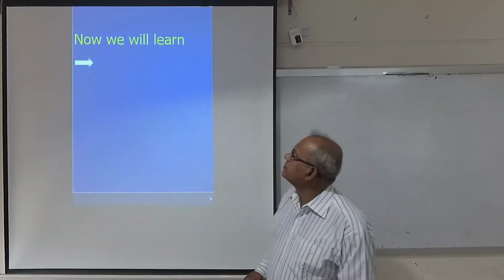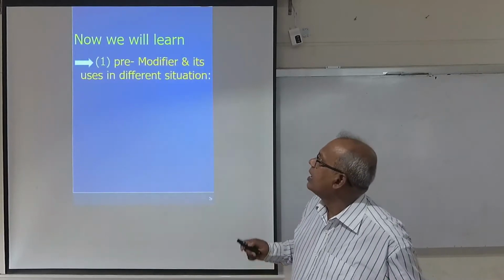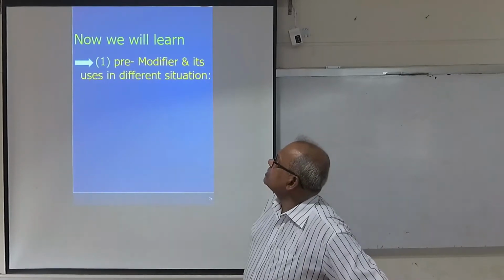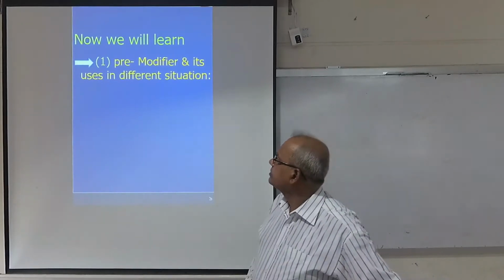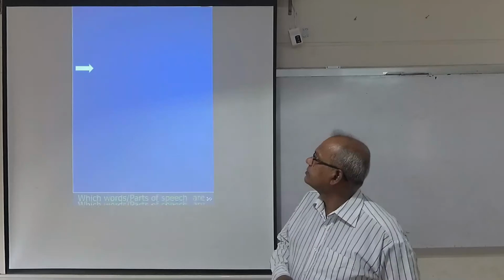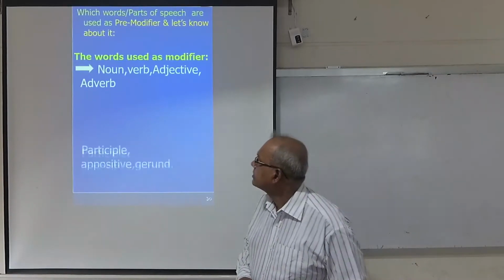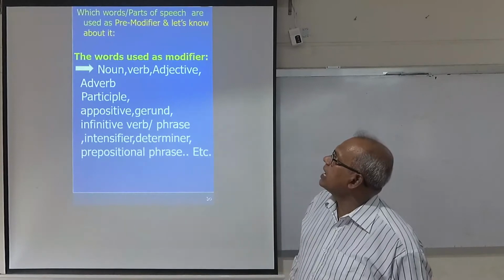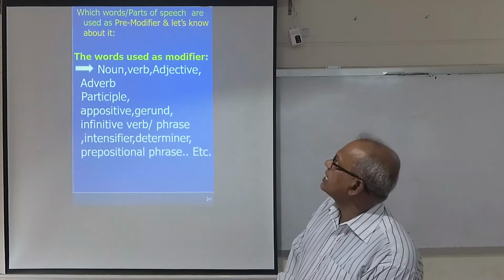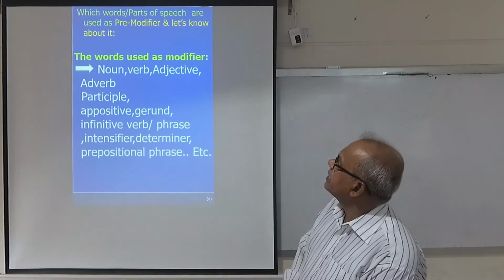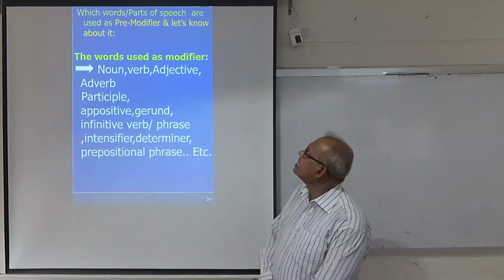Dear students, now we will learn pre-modifier and its usage in different situations. Look at the screen, and very important things are given here. Which words or parts of speech are used as pre-modifier?